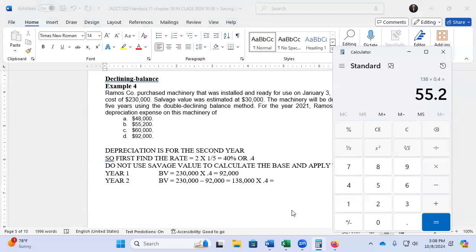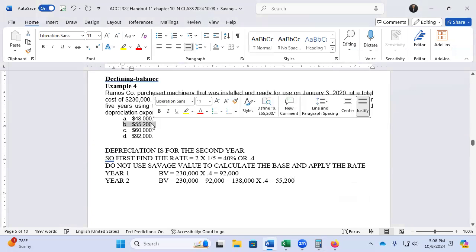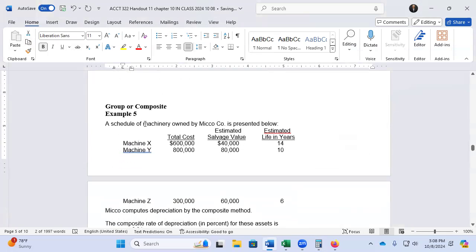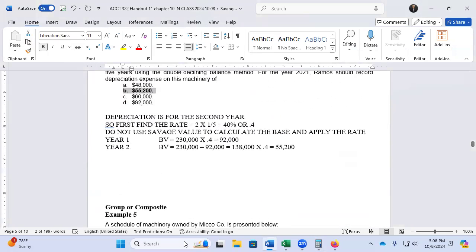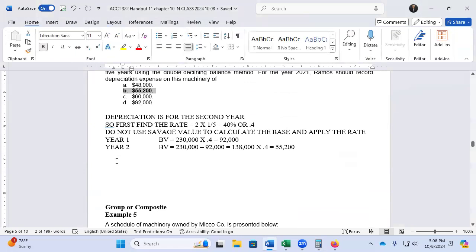Remember that we have to multiply it back by 1,000. We have 55,200. And so that's B. Any questions?